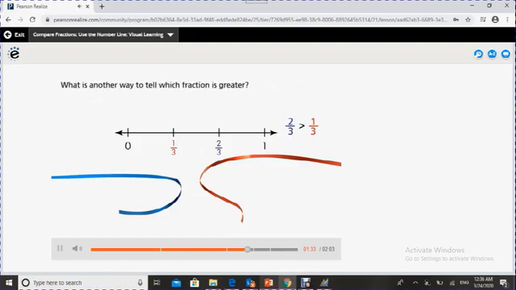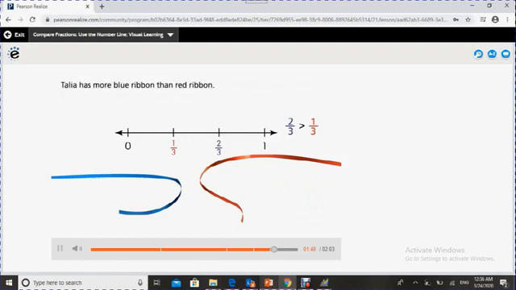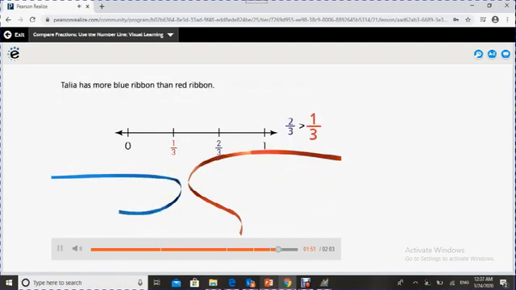What is another way to tell which fraction is greater? When two fractions have the same denominator, the fraction with the greater numerator is the greater fraction. Talia has more blue ribbon than red ribbon.